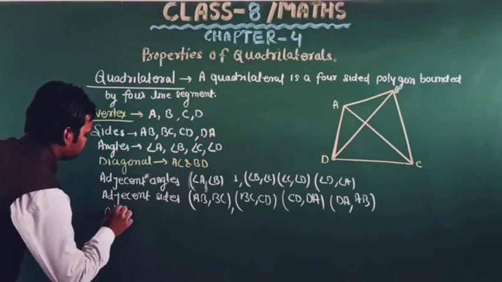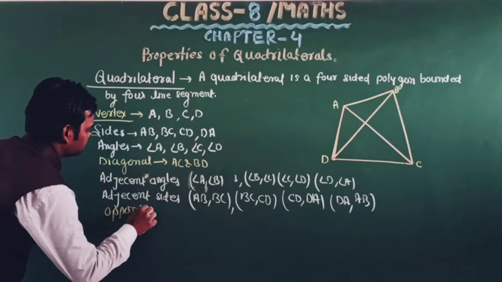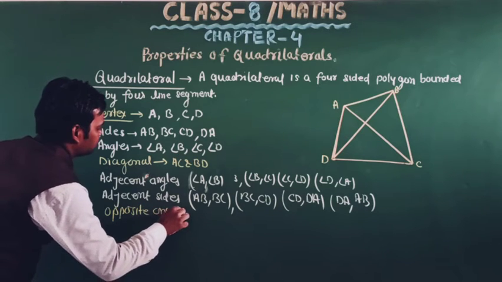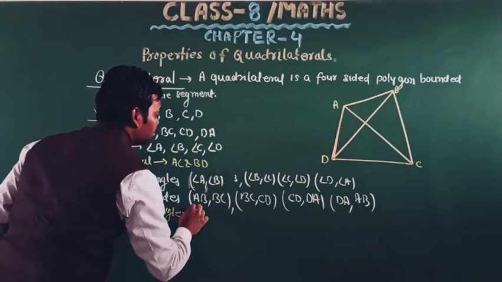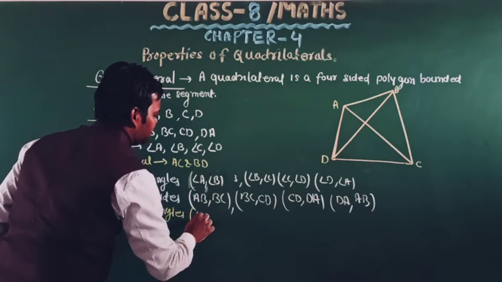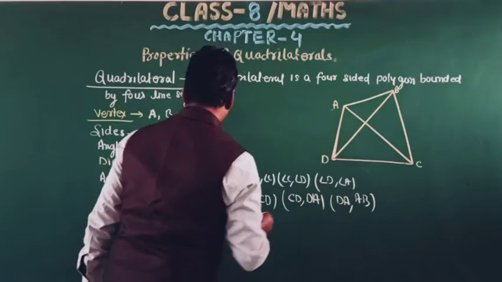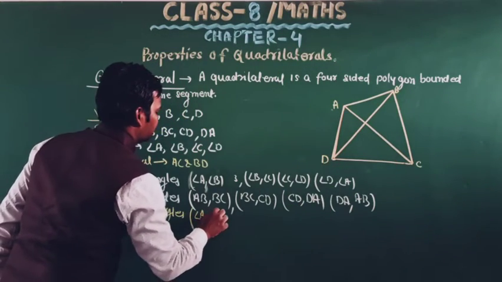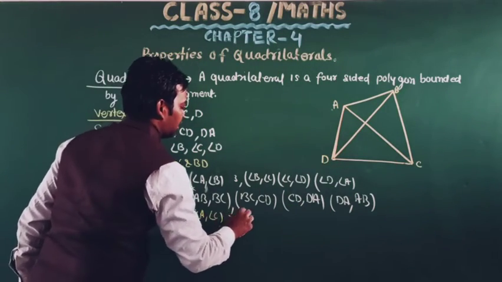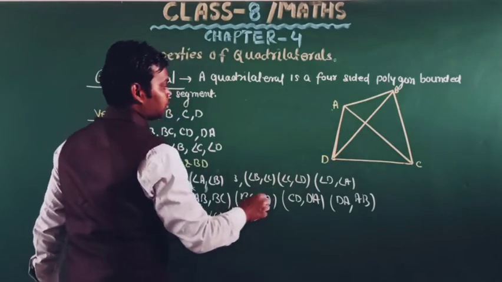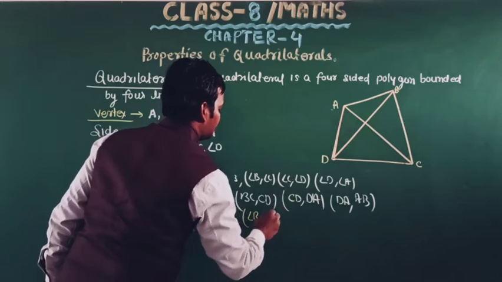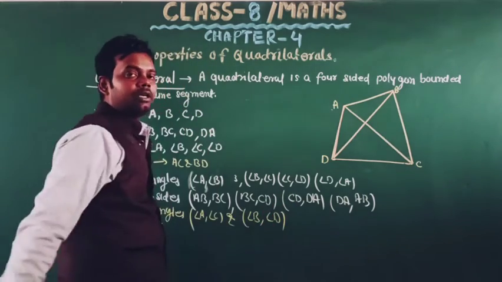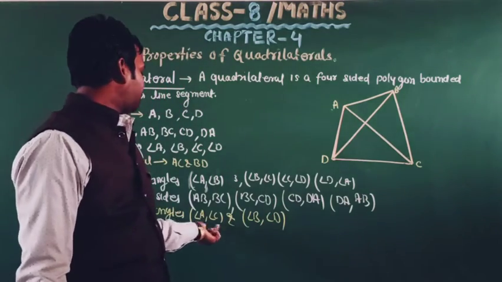Opposite angles: angle A is opposite to angle C, and angle B is opposite to angle D. These are two pairs of opposite angles.